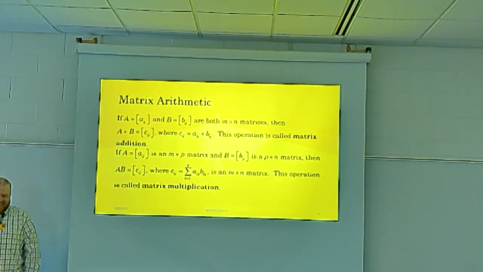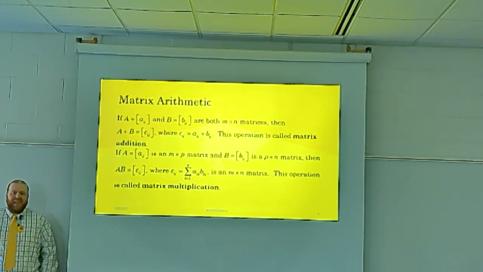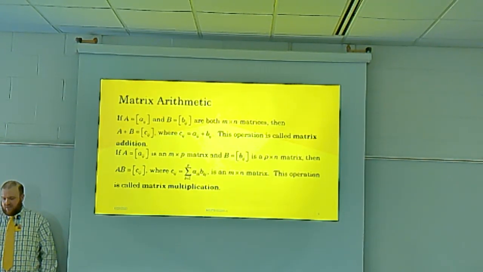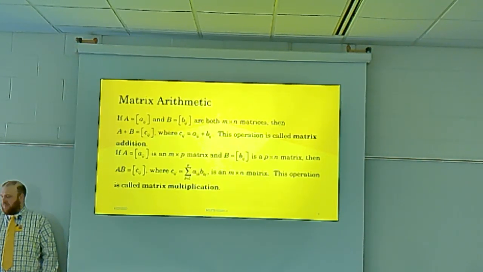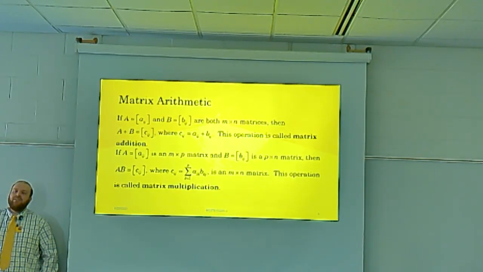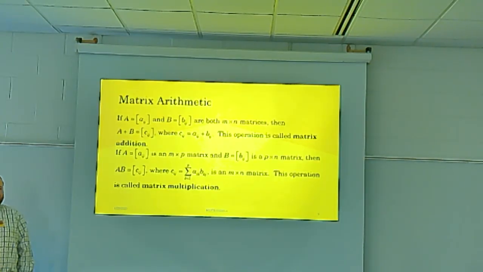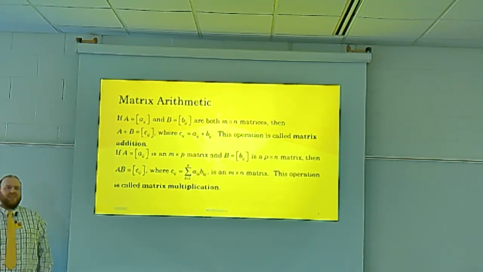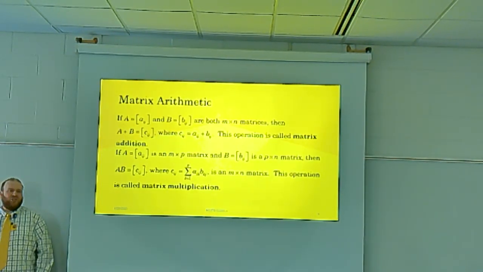You're given an m by p matrix A and a p by n matrix B. The product, A times B, is the matrix of entries c_ij, where the ij entry is the sum from k equals 1 to p of a_ik times b_kj.